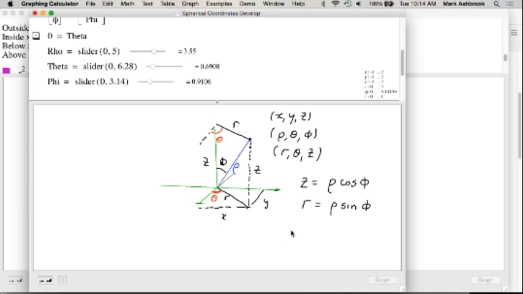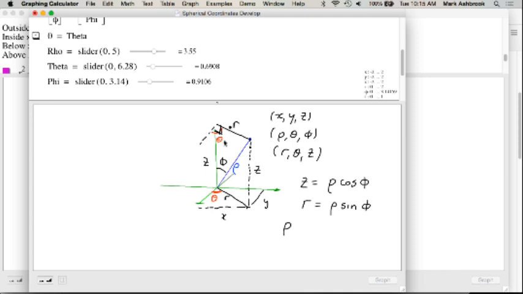What's the relationship of rho, z, and r? So this is the right angle. This is the right triangle, right? Theta is in the horizontal plane. Theta is not in this triangle. This is a vertical triangle.